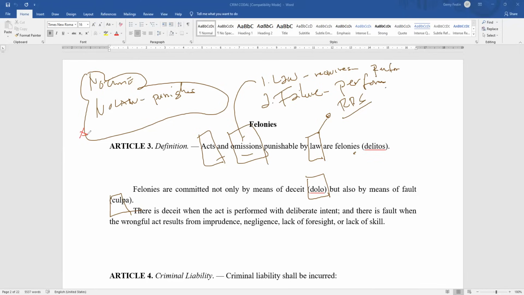A conspired to commit with B the crime of murder to kill X on June 1, to be executed on June 10. When June 10 comes, it was only B who appeared. A did not appear.